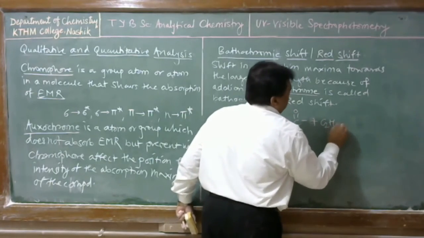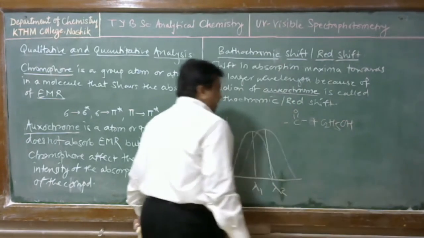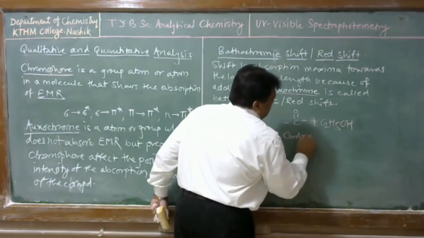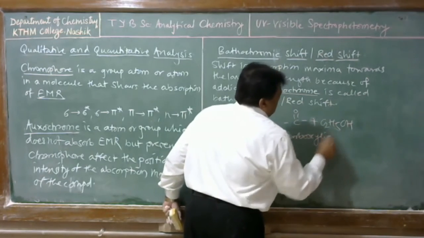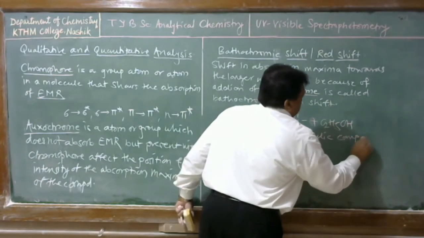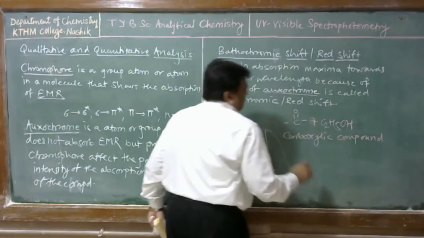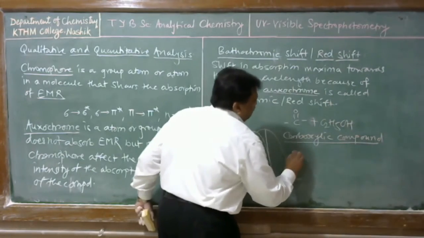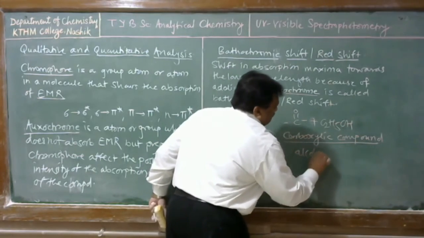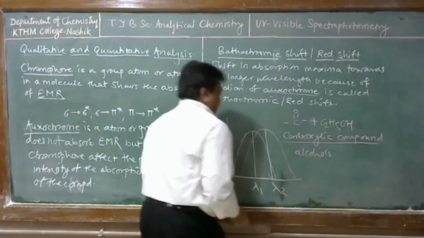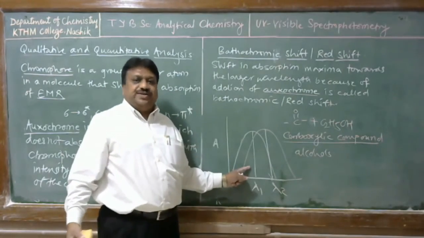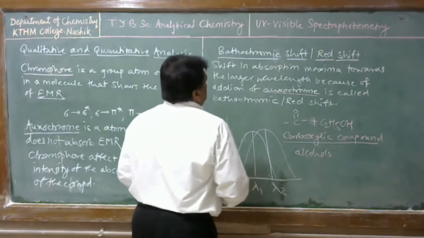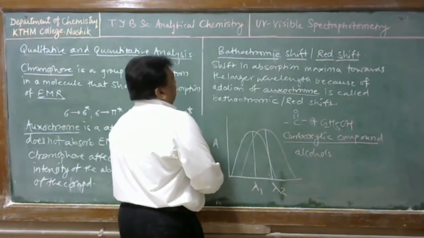The absorption maximum of the carboxylic compound shifts to a longer wavelength due to the addition of alcohol, and this type of effect is observed. This is called the bathochromic shift. The second type of shift is called the hypsochromic shift.